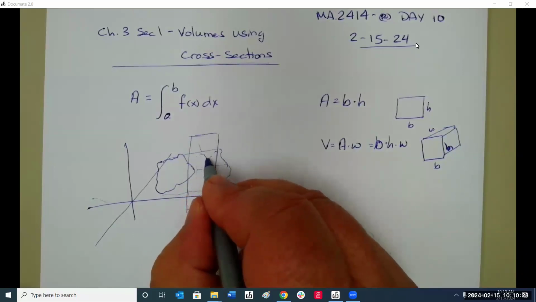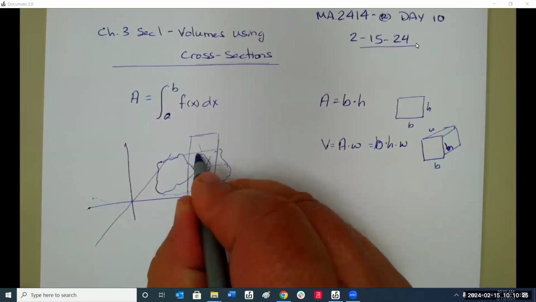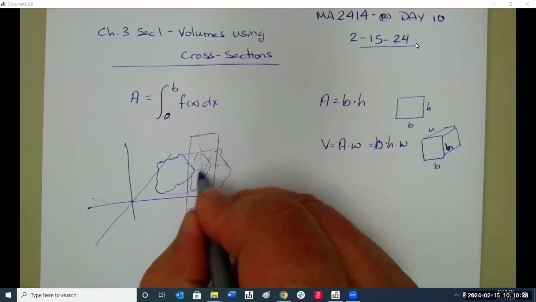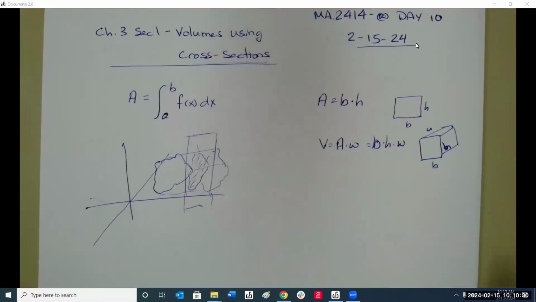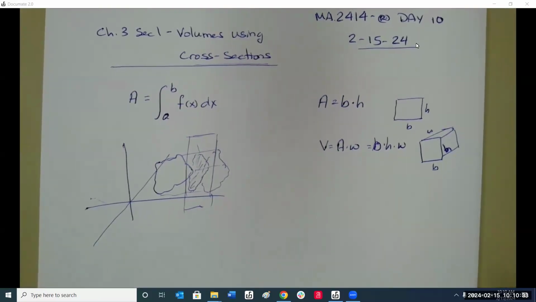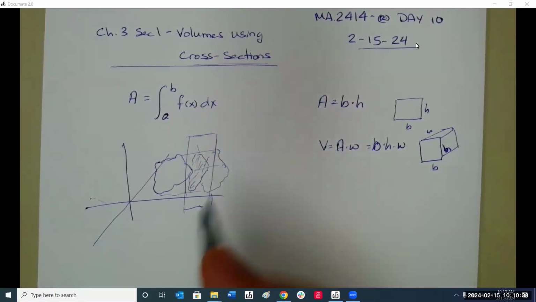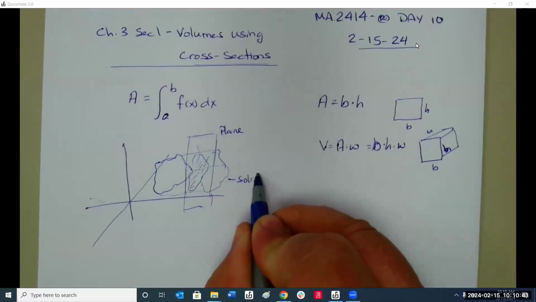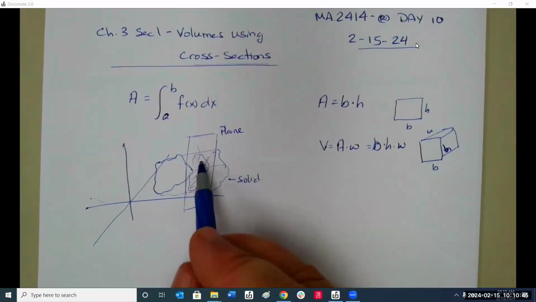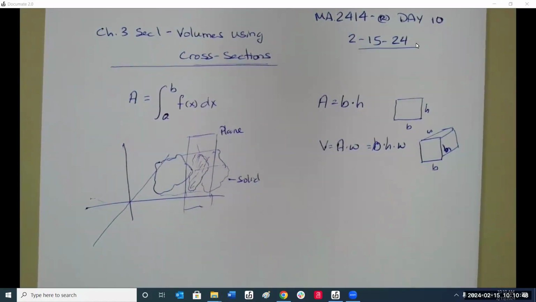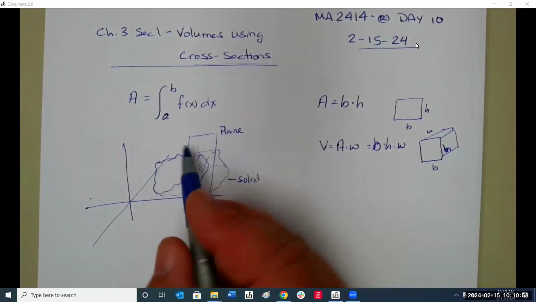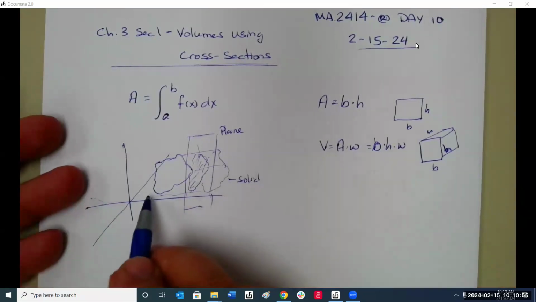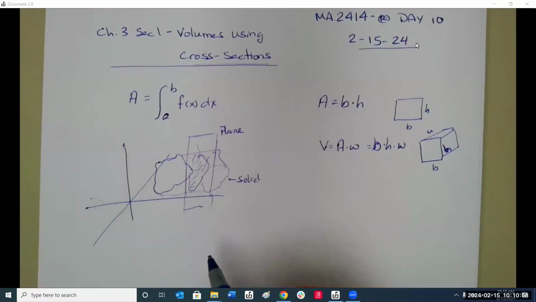And where that sheet intersects the blob, we'll have the imprint of that area. So it's cross sections of a solid: this is a plane, this is a solid. We're looking at the intersection where the plane and the solid intersect. And then with all those different planes, we add them up, and that gives us the volume of the entire object.